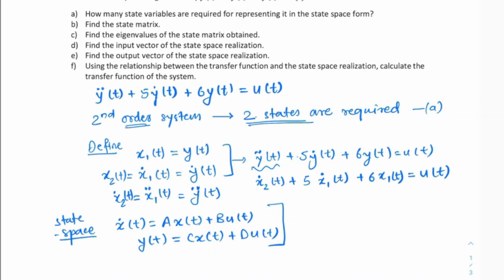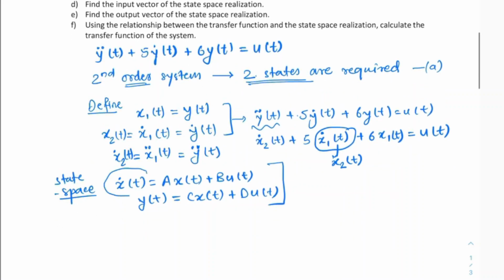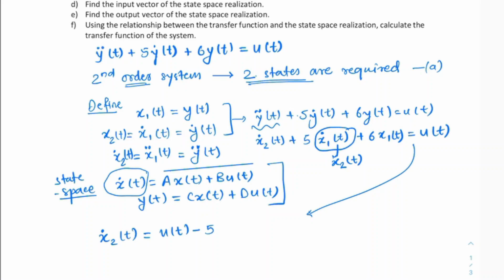So we can also replace x1 dot as x2 of t, so that we can write x dot on one side and everything else in the form of x and u on the other side. So this equation can be written as x2 dot of t is equal to u of t minus 5x2 of t minus 6x1 of t.